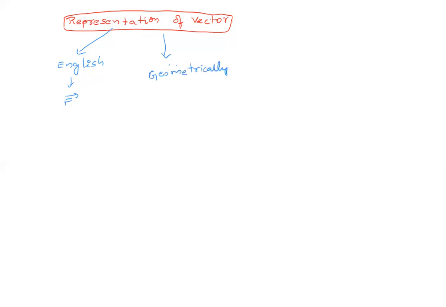You will see in detail. Geometrically you will represent it with the help of a directed line segment like this. In English you just simply write a letter. In terms of coordinate geometry, you will write ax i cap plus ay j cap plus az k cap if it is a three-dimensional vector.